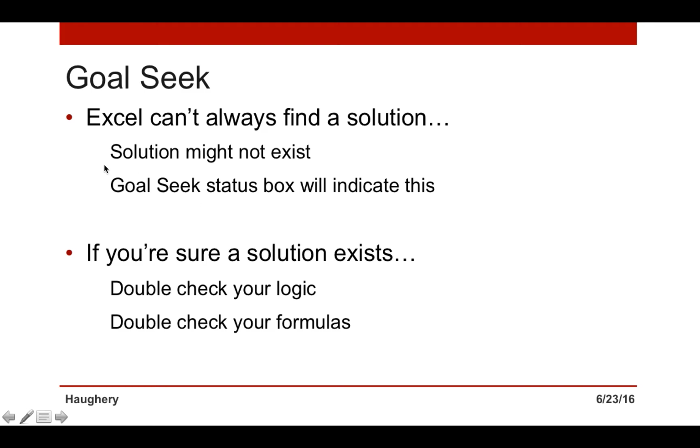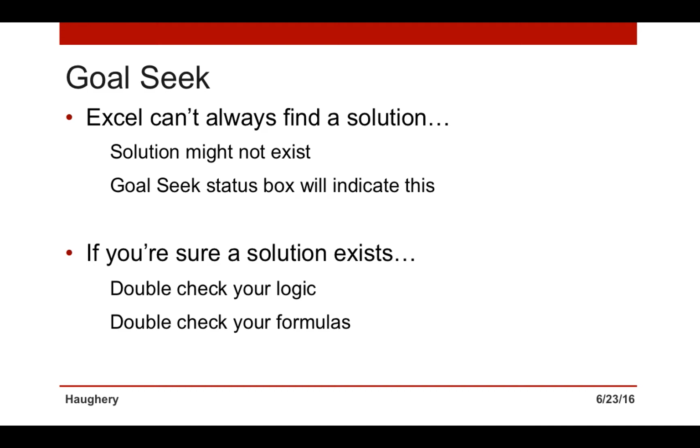Now a couple key things to make note of. Excel may not be able to find every solution to every equation we want it to. A solution may not exist. We may be asking it to do something that's mathematically impossible, and of course, goal seek will let us know that.